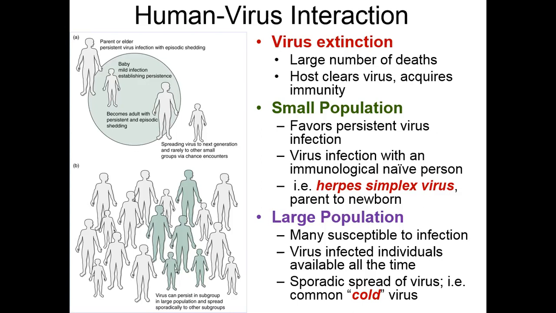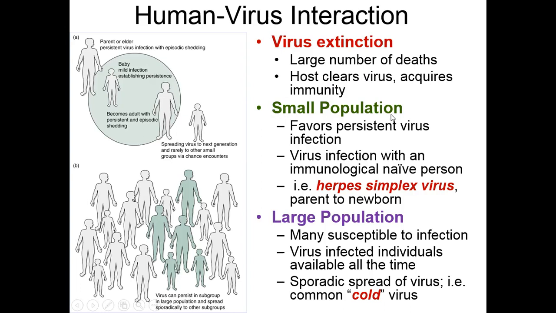One outcome of the interaction between virus and host is virus extinction, where initially a large number of patients get infected and die, but those remaining individuals will clear the viral infection and acquire immunity. The body develops immunity against the virus.